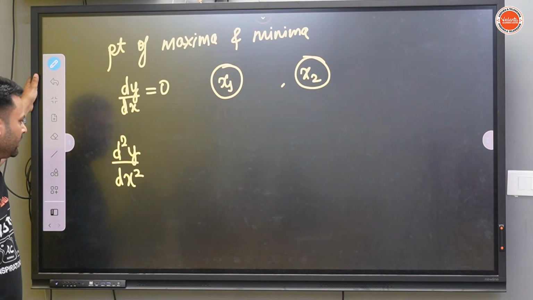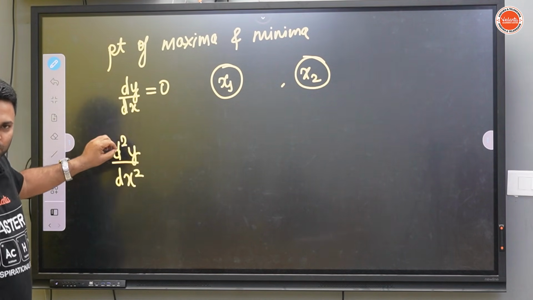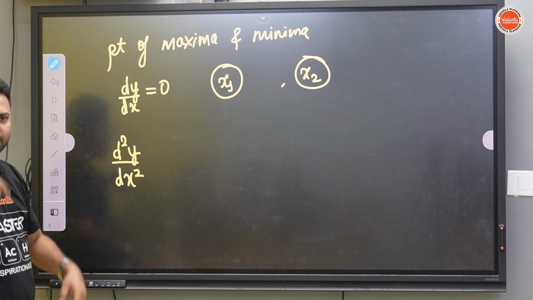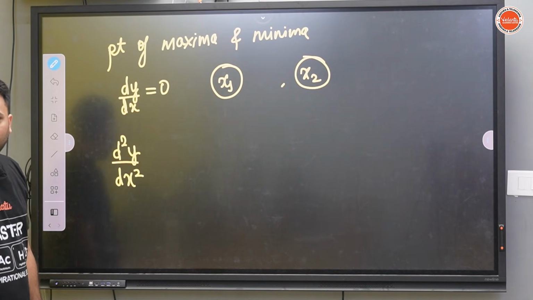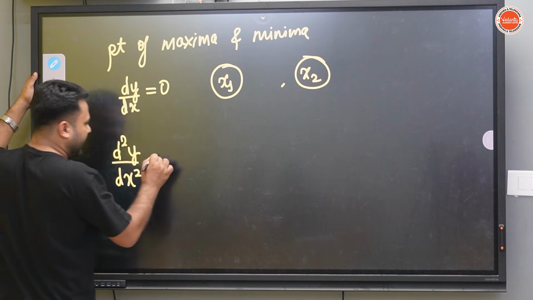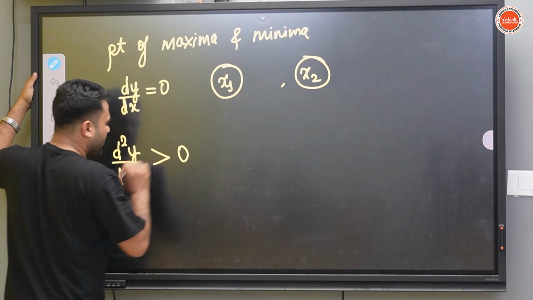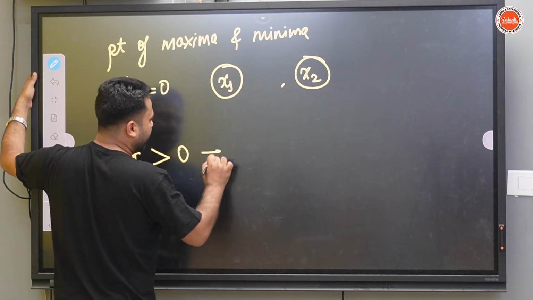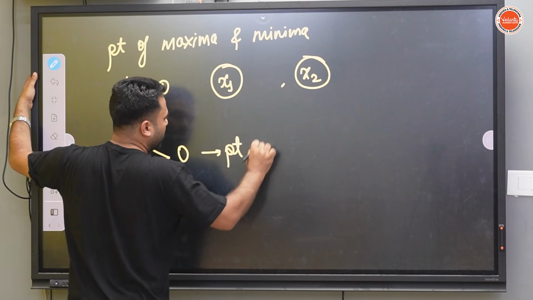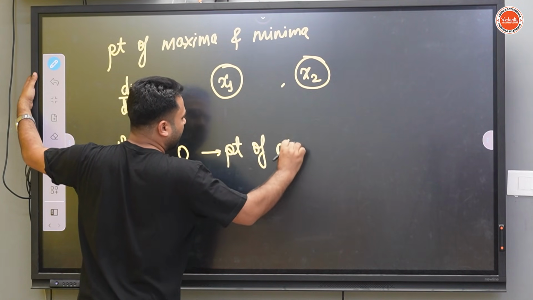Don't be afraid by looking at this d2y and all. This is just another differentiation, d2y by dx square. If you get greater than 0, that is a point of minima.